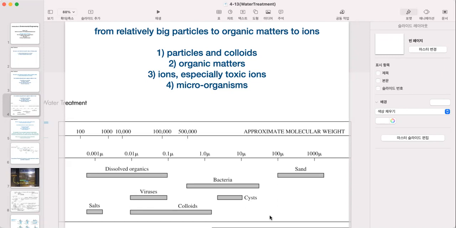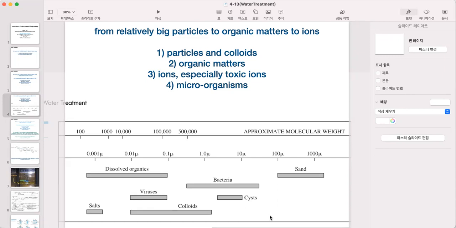So what could be the approximate size for a particle? Micro size, right? How about the colloid? Less than 0.45 micron.